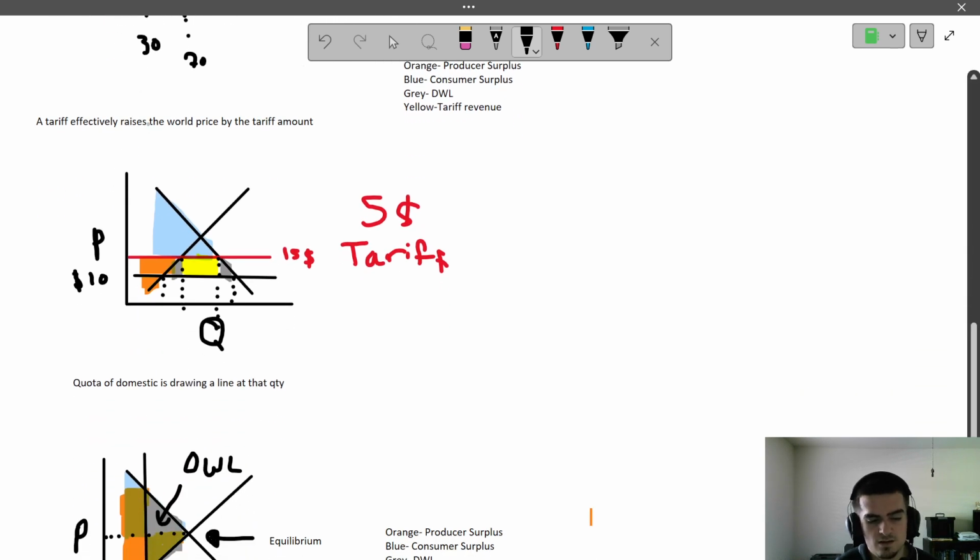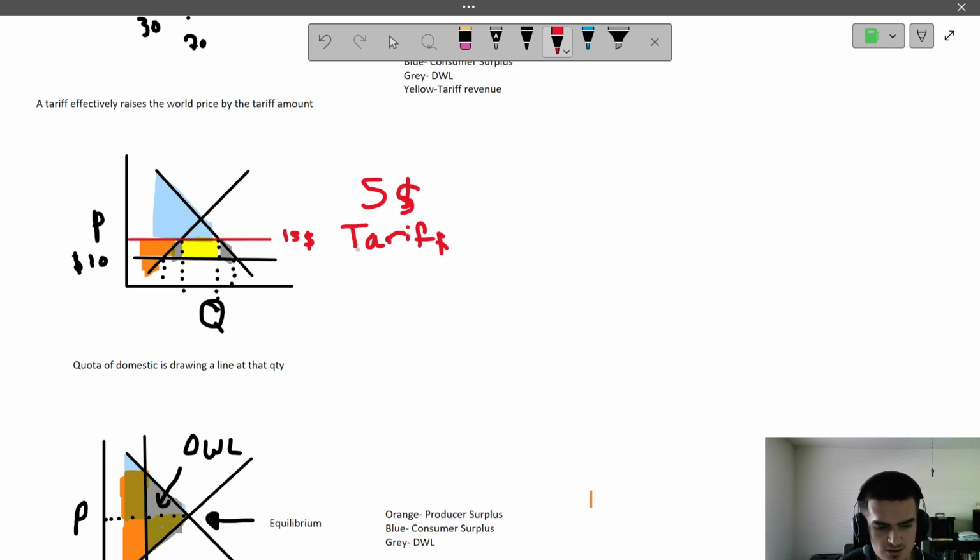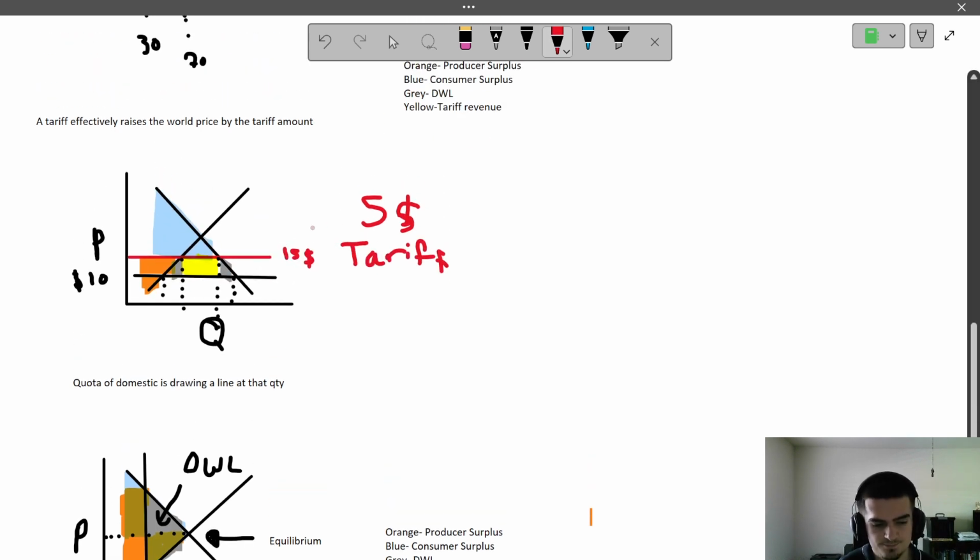A tariff effectively raises a world price by that much. So here we have a $5 tariff. The world price used to be $10, and there was this many people supplying it and this many people demanding it. And with a $5 tariff, now we have this many people supplying it locally and this many people buying it.